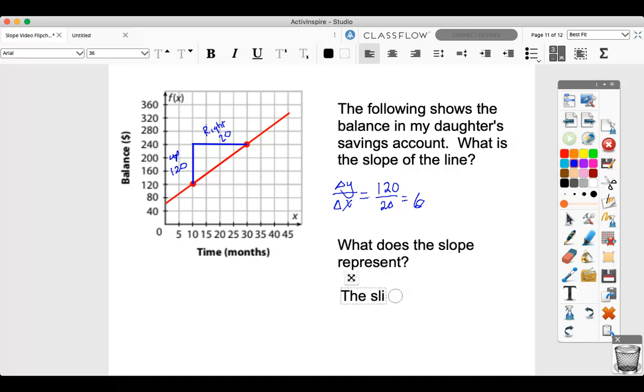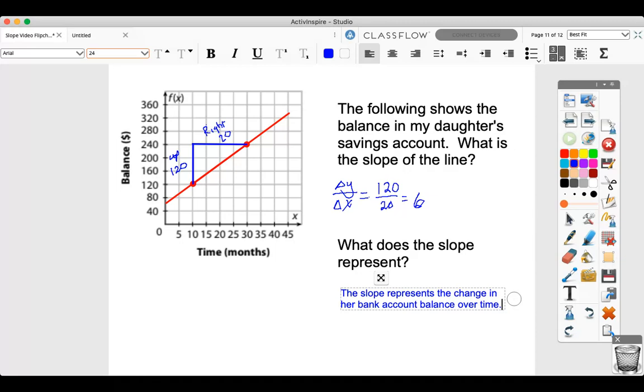So it represents the change in her bank account balance over time, and that time just happens to be in months.